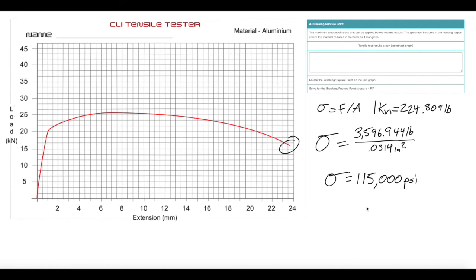Don't forget to convert your kilonewtons to pounds, because otherwise your answer will be incorrect. One thing that can help you is to save this number right here, because that number is the same for the copper dog bone. It's the same size, so you can reuse that number. You're really just going to use different force numbers.